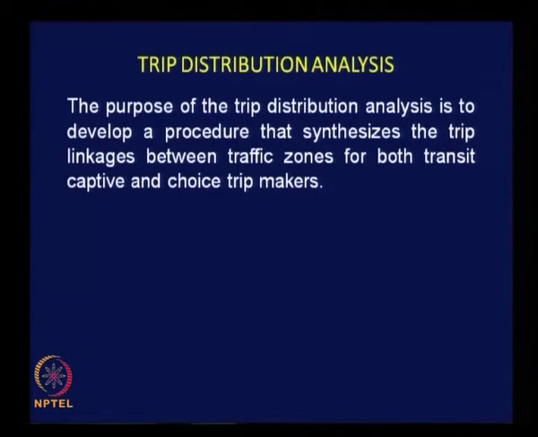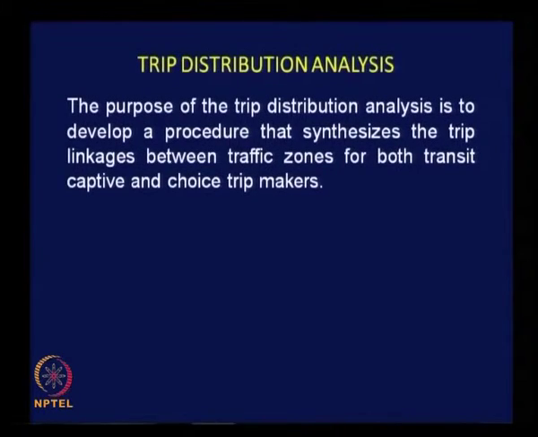Please recall, when we started mode choice analysis, we segregated transit captive riders and did the analysis only for choice riders. When we do the 3rd step, we put both the categories of travelers together and do the analysis for both the groups, both for transit captive as well as choice riders. All the trips are to be distributed.